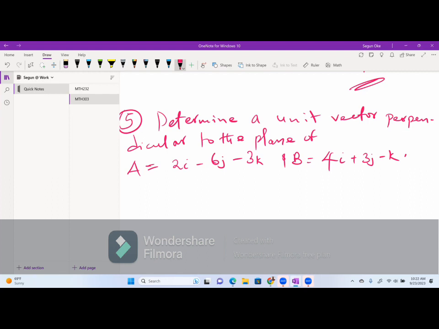So we're given the plane too, right? But in our own context, the way we solve this one would be: let vector C equals C1I plus C2J plus C3K.